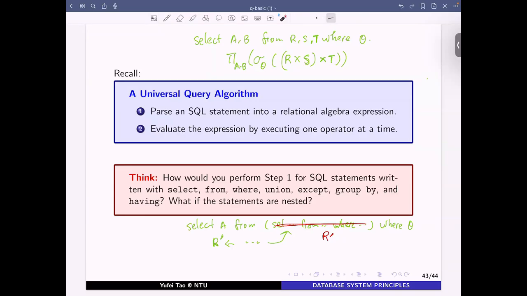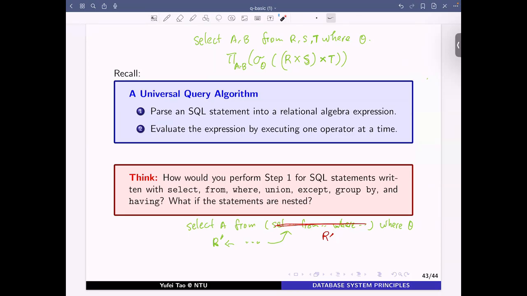So now you can pretend that R prime is a relation that's already available, and then you can see the new statement falls into the template. Okay. So I'm not going to go into further details, but this should give you at least some idea that this is doable.